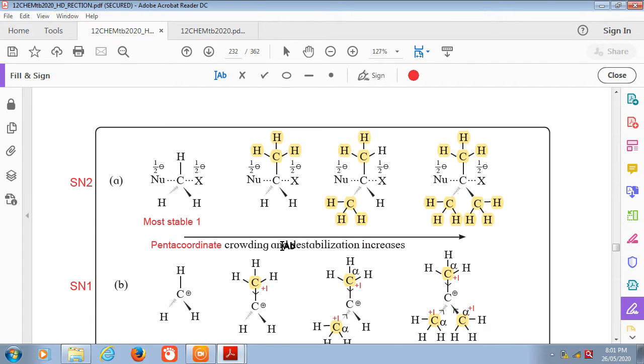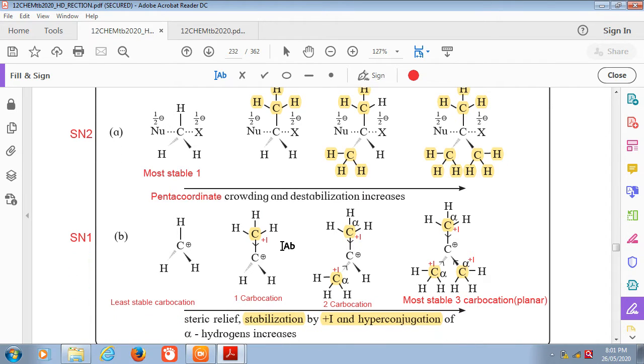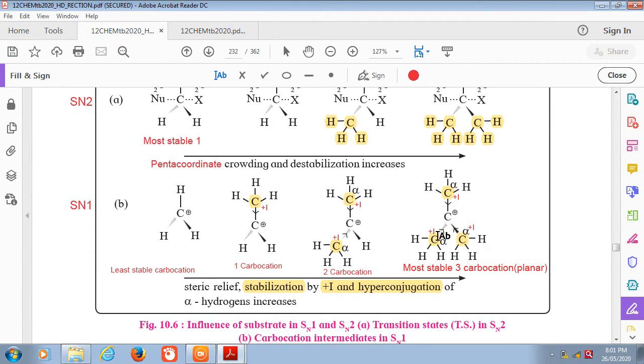And if you observe the Sn1 reaction mechanism, if you observe the methyl carbocation and then the ethyl carbocation, isopropyl carbocation and tertiary butyl carbocation. As the number of alkyl groups increases, the electron donating inductive effect of the methyl groups increases, which stabilizes the carbocation, the carbon carrying the positive charge.